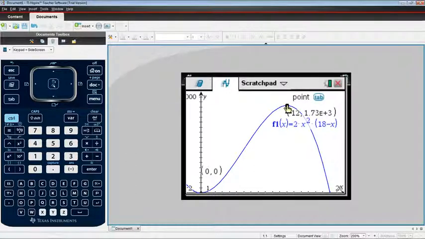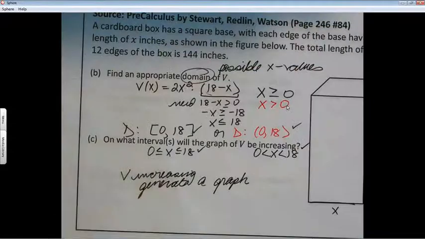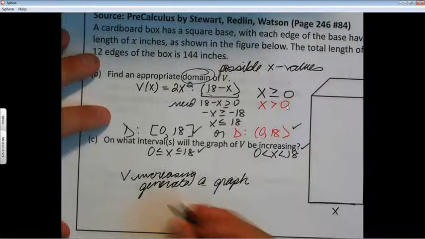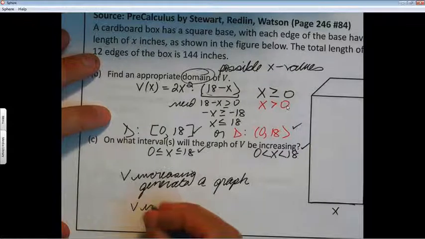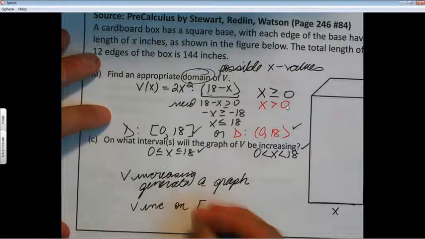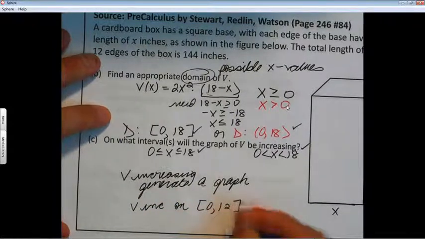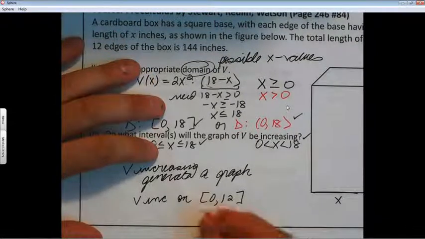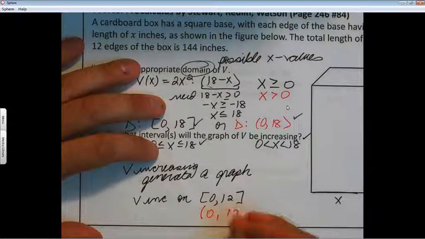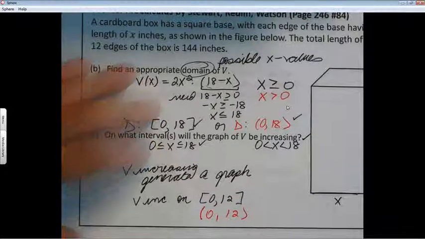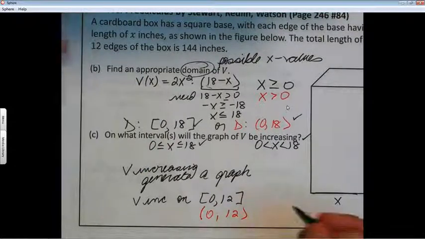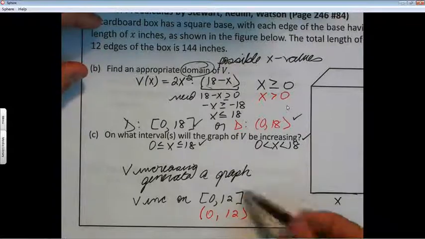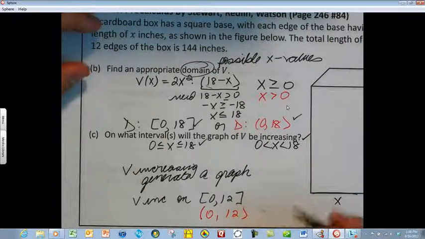Now it continues to increase until we get to this highest point over here. We like to call that the max. So we're going to do Menu, Analyze the Graph, Maximum, same set of commands. Go to the left, go to the right. The maximum value is over here at 12.